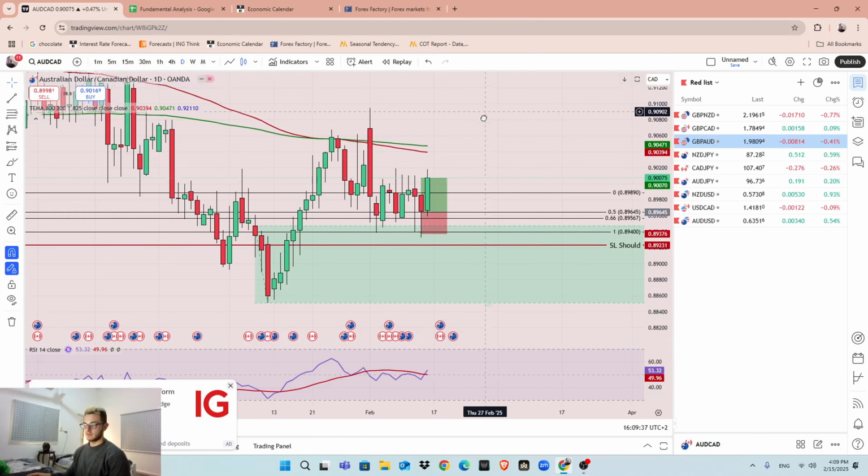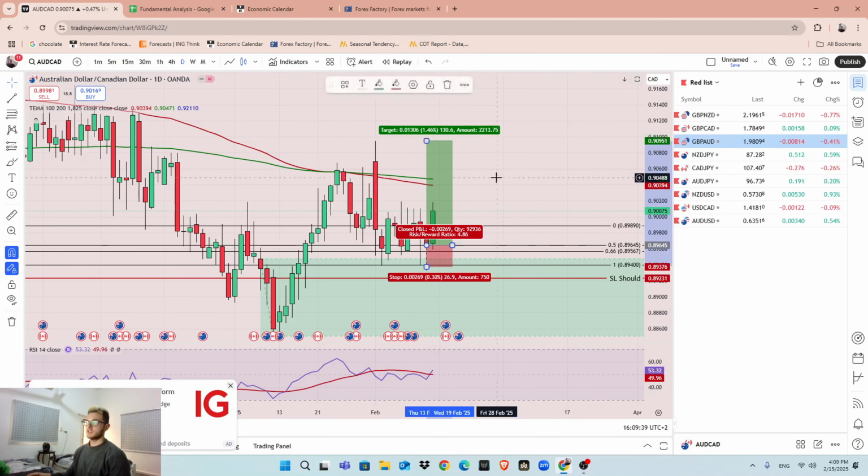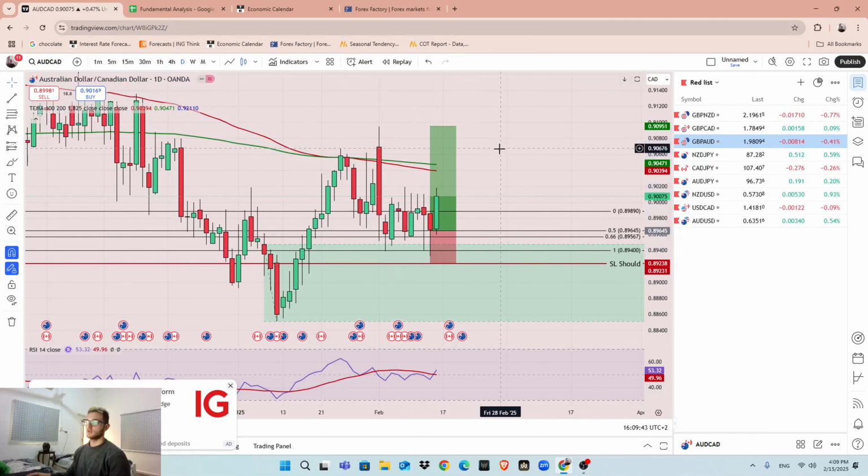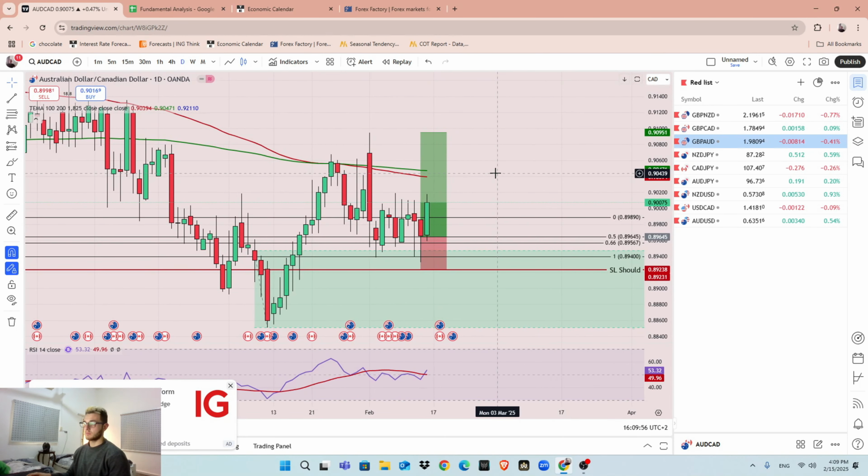The initial risk to reward ratio could have been around 1 to 3 because I did not put my stop loss where my strategy told me to put it. I got stopped out, nothing much.